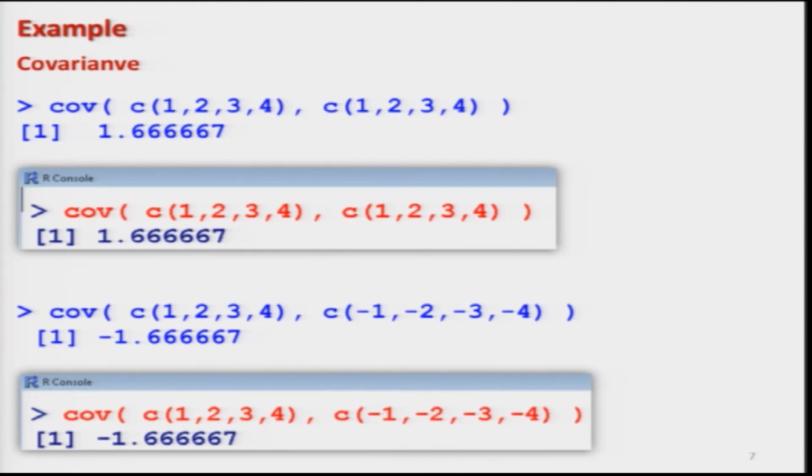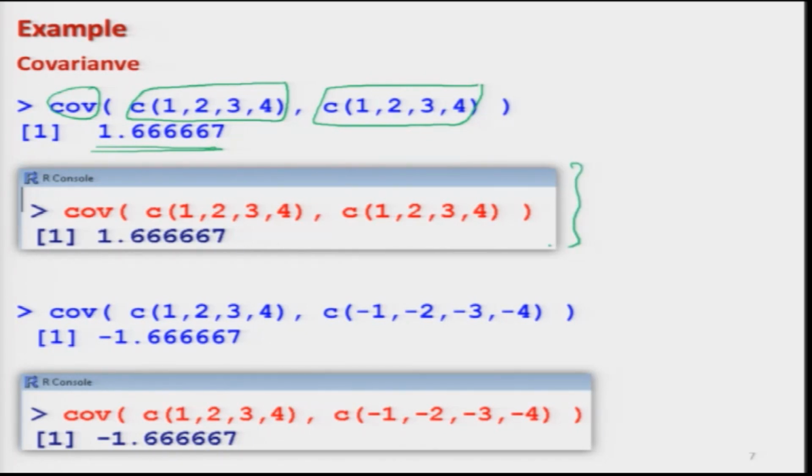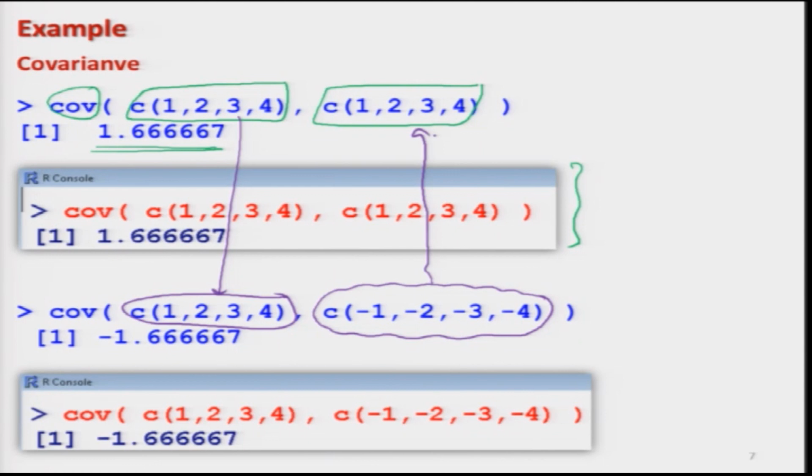Here, I have taken 2 data vectors, 1, 2, 3, 4 and 1, 2, 3, 4, the same values, and I am trying to compute the covariance between them. Once I do it, this value comes out to be 1.66 and so on, and here you can see the slide. Now, in the next example, which I am denoting in purple color, I take the same data set, 1, 2, 3, 4, but in the next data set I change the signs of the second data vector.